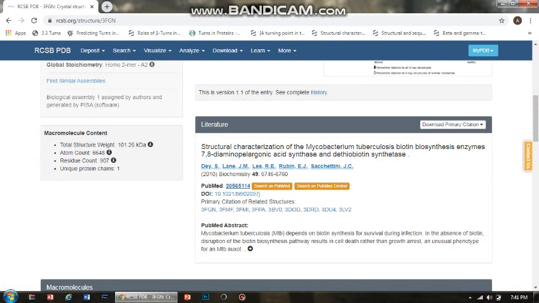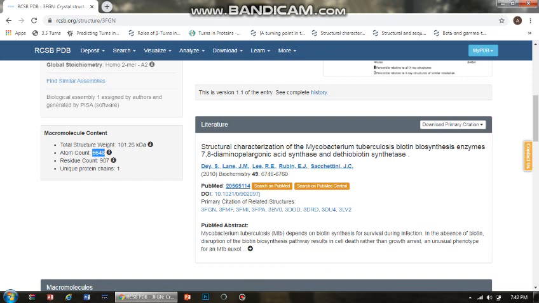Then here, the macromolecule content tells you about the weight of the macromolecule in kilodaltons. Then it lets you know the total number of atoms that make up the macromolecule. This protein is made up of 6,648 atoms, right?